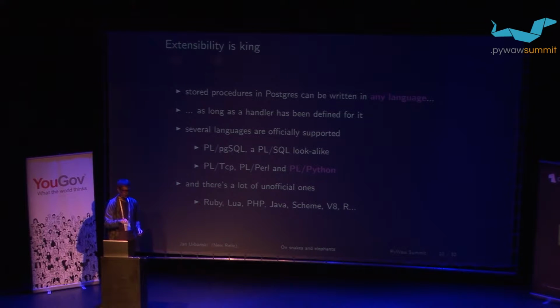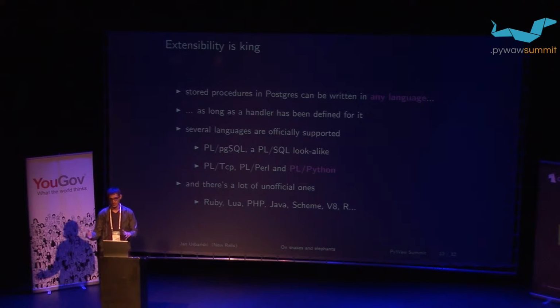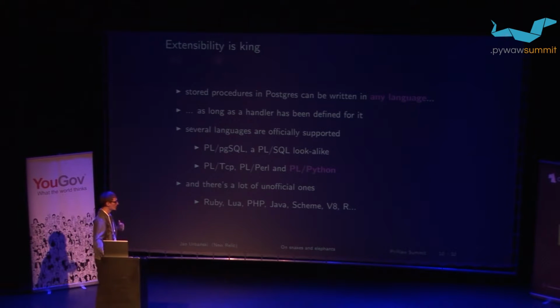There's V8, which is getting very popular now, which means you can write your stored procedures in JavaScript. Some people like that. It's not my place to question them. There's R, which means you can do your mathematics analytics in R inside the database. And there's a bunch more. There's Erlang, I think. There's a whole bunch of crazy stuff.